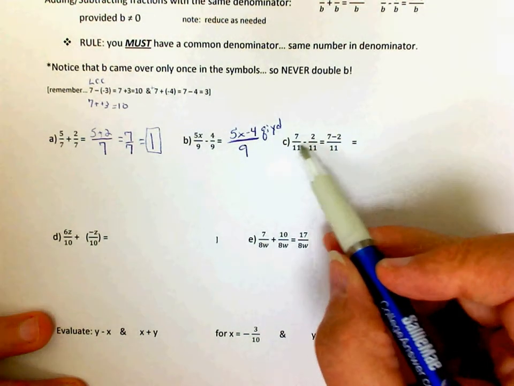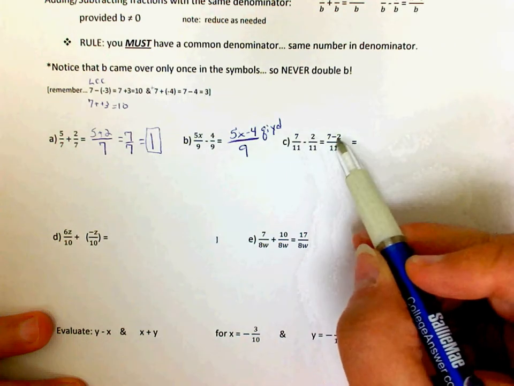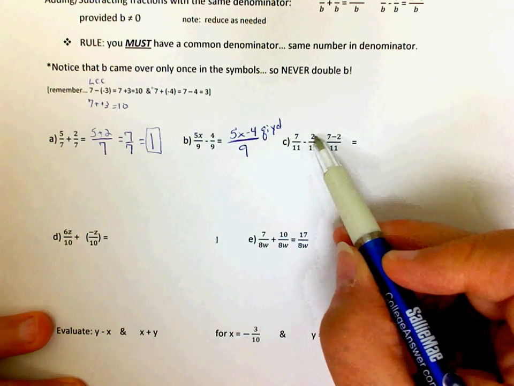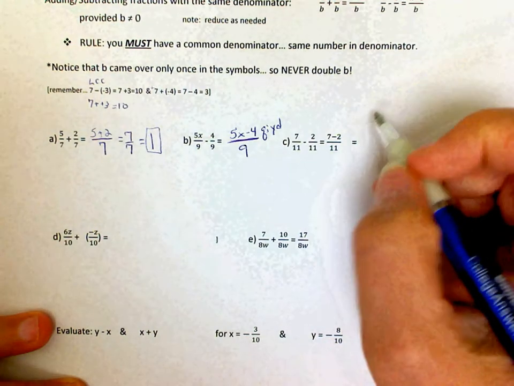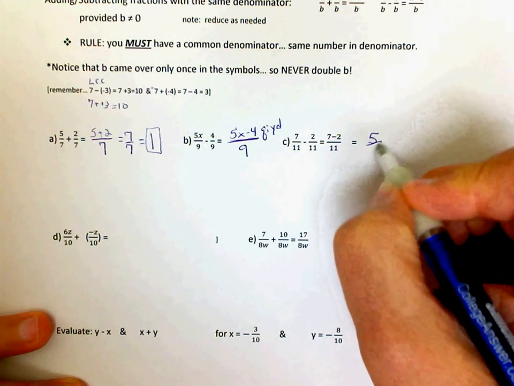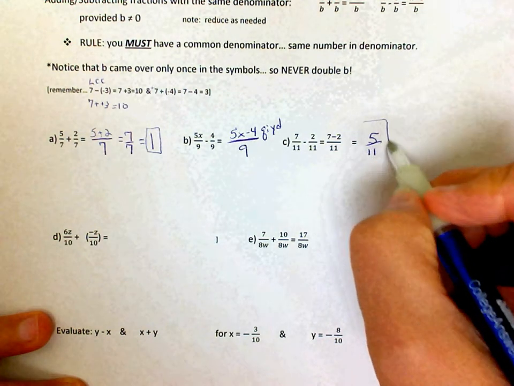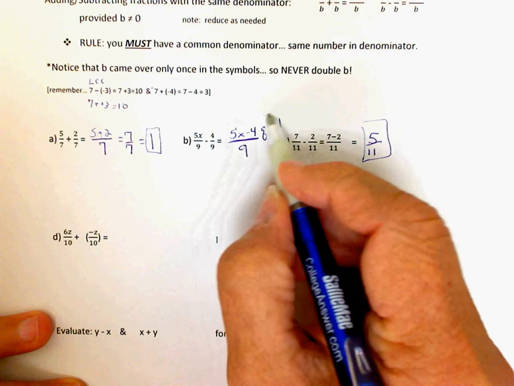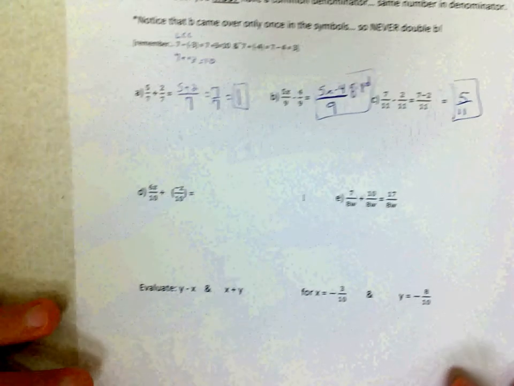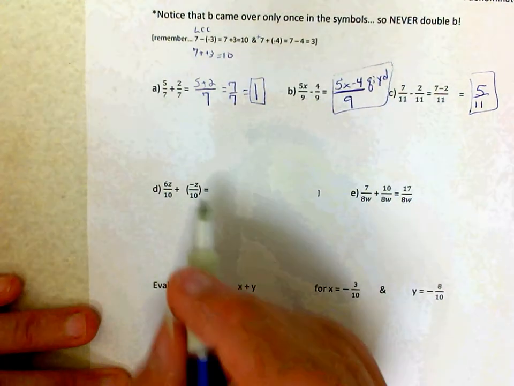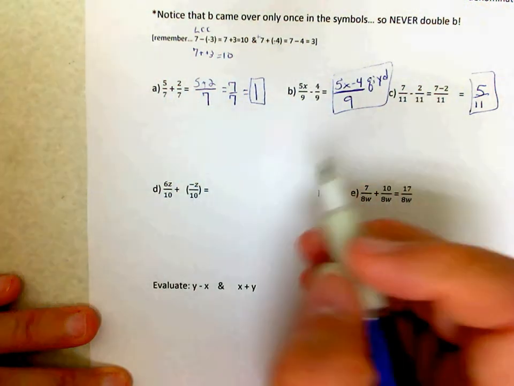here I've already kind of started you here. 7 minus 2 over your denominator 11, and 7 minus 2 is 5 over 11. And again, box in your answers. Alright? Plus and minus is really the same thing as just minus.